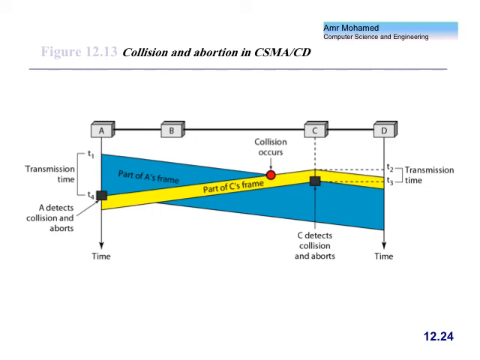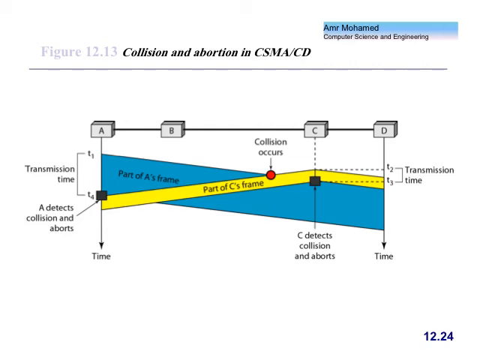When I start sending the frame at this point T1, and we said that A will detect the collision at time T4, right? So the minimum frame length has to span from T1 to T4.